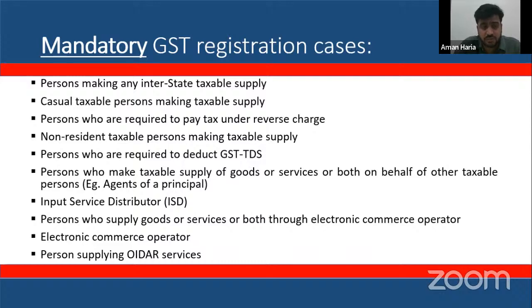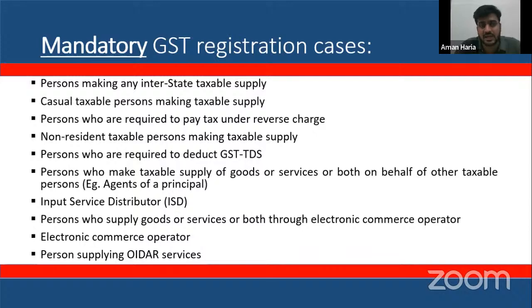So if you are a person who is required to pay tax under reverse charge, the earlier case where we discussed was when you are a supplier and the supply that you make is under reverse charge mechanism. Here they say the person who is required to pay tax under reverse charge mechanism. For example, as a business entity, my turnover may be below 20 lakh rupees, but I have obtained services from a lawyer, and that service is covered under reverse charge mechanism.